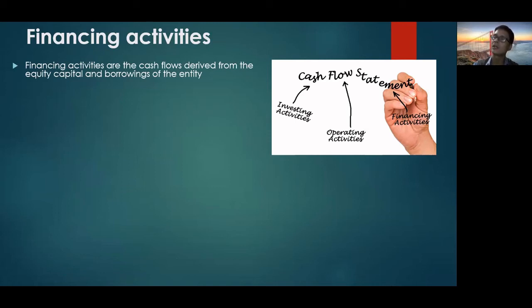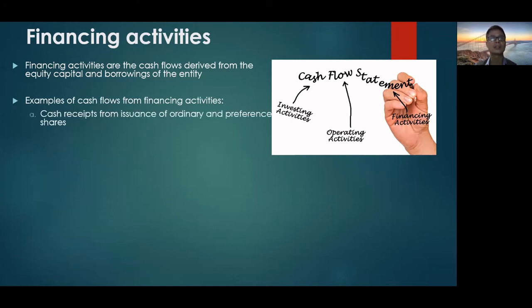The cash proceeds they receive from that bank are cash flows from financing activities, as well as the equity. Let's say they issue shares of stock. That is from financing activities.